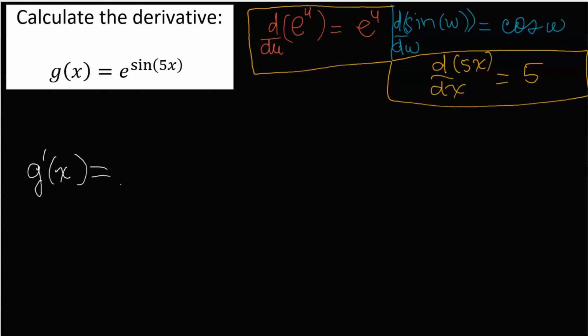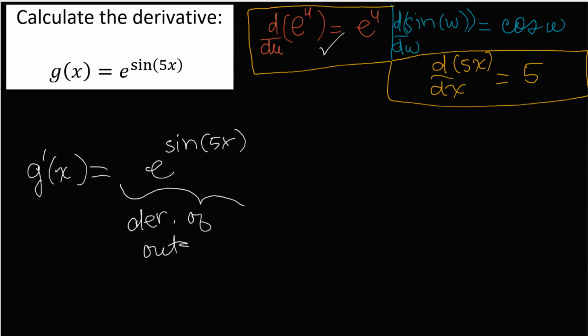So the outside derivative would be e to the, keep the input the same, sine of 5x. That's this one. So that would be the derivative of the outside function.